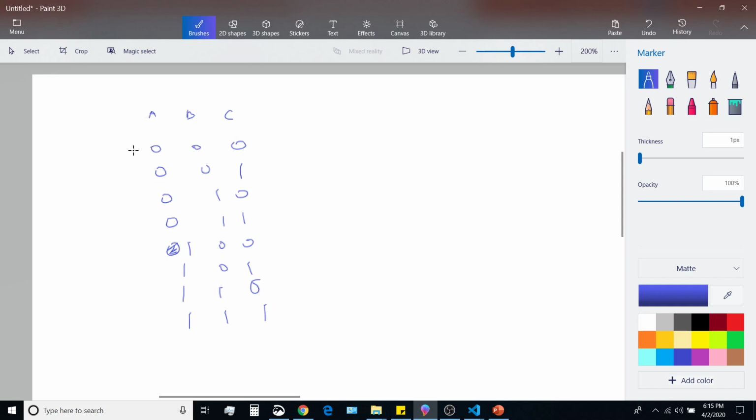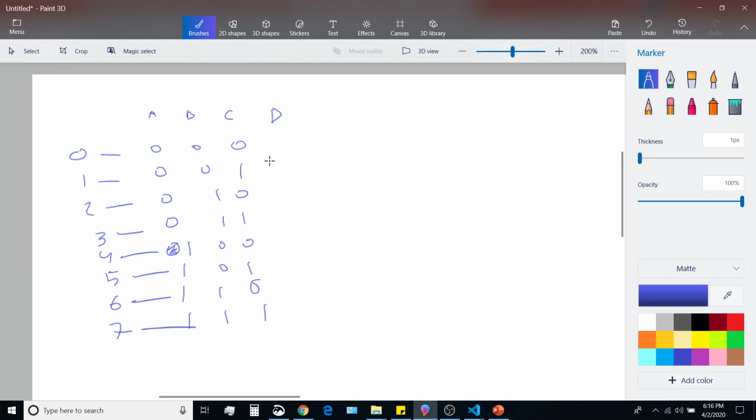And if you understand binary clearly, you can see that they are basically representations of 0, 1, 2, 3, 4, 5, 6, 7.